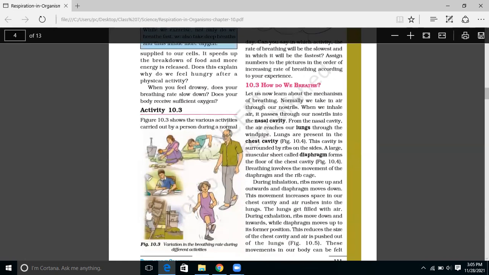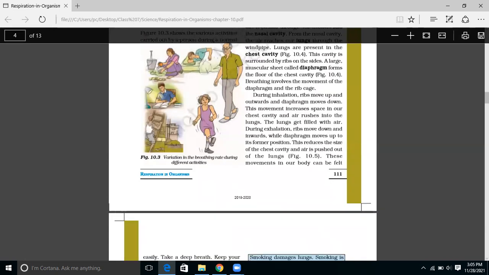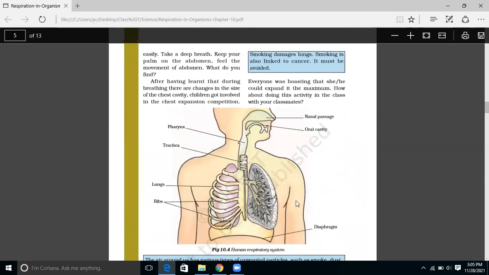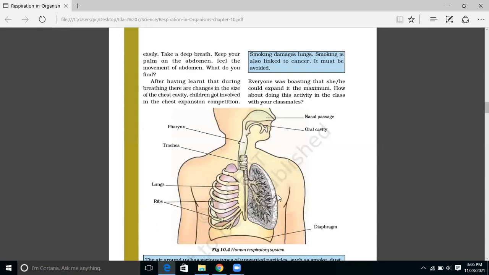Then we saw how do we breathe, the air which enters through the nasal passage and then goes through the windpipe and then enters into the lungs.